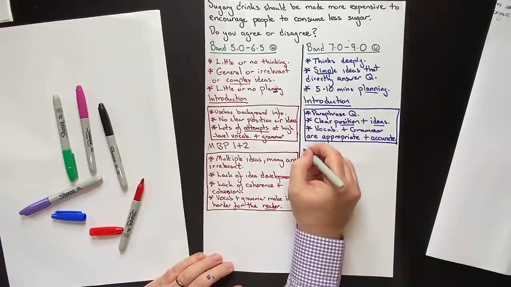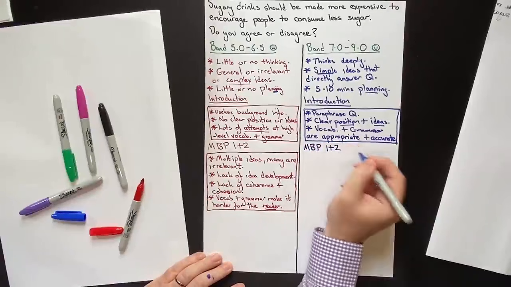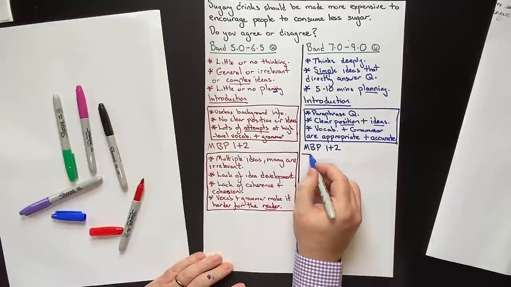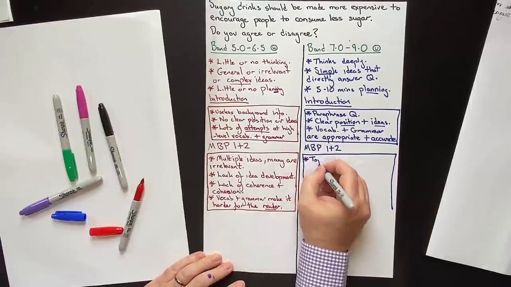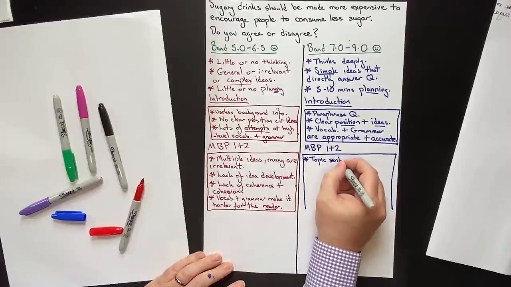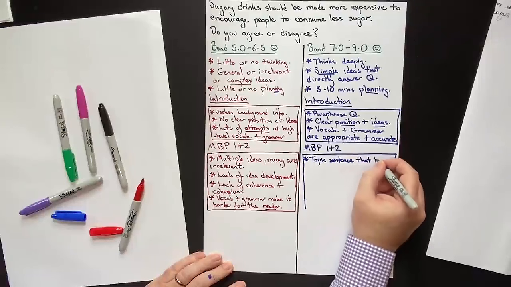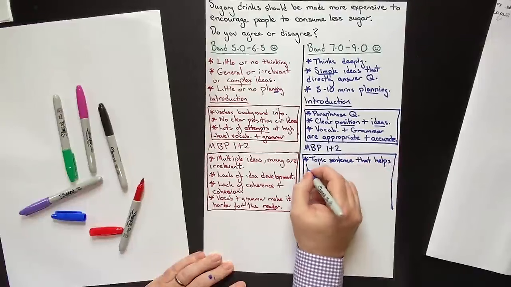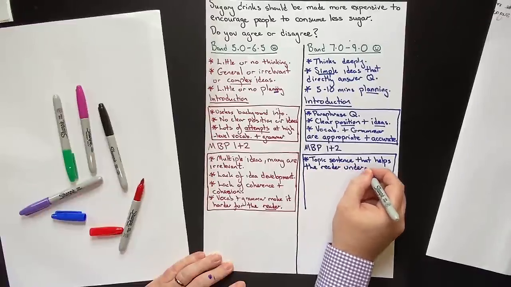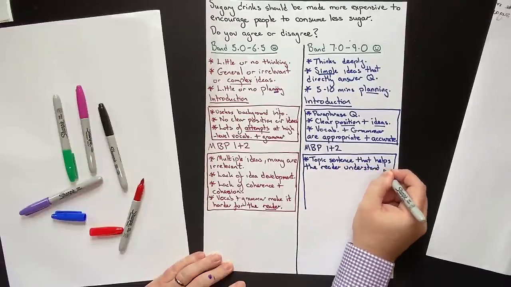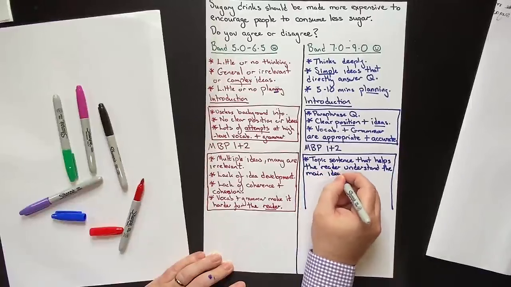Let's contrast that with a band 8, band 9 student. What are they doing in their main body paragraphs? So they start off with a topic sentence that helps the reader understand the main idea.